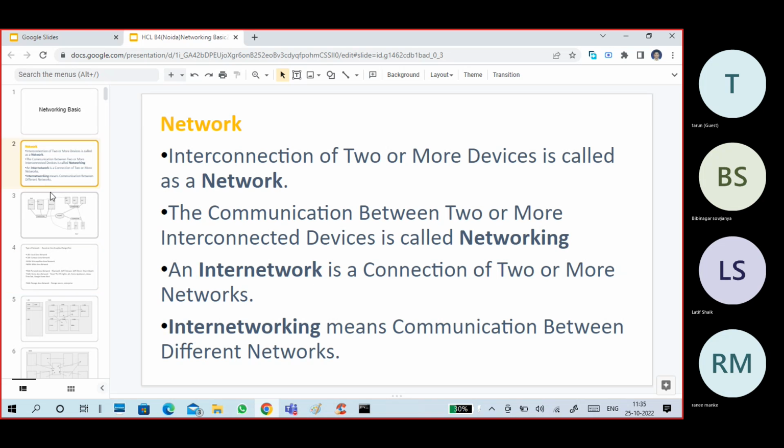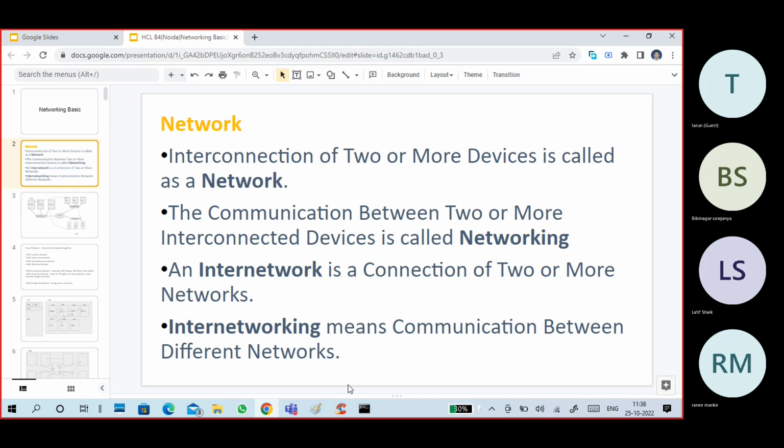So simple definitions, guys. Network, networking, internetwork, and internetworking. Interconnection of two or more devices is called a network. Communication between two or more interconnected, meaning connected, devices is called networking. An internetwork is a connection of two or more networks.